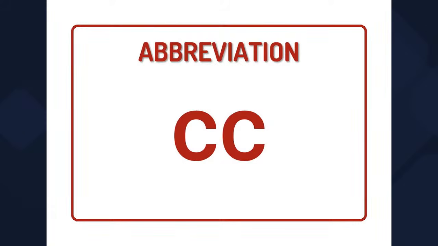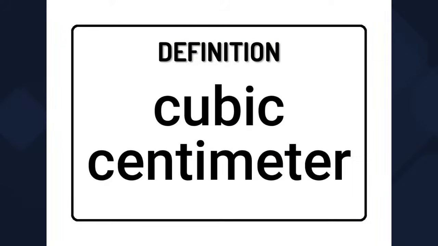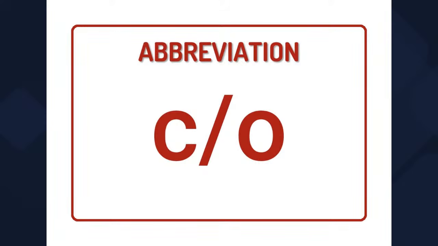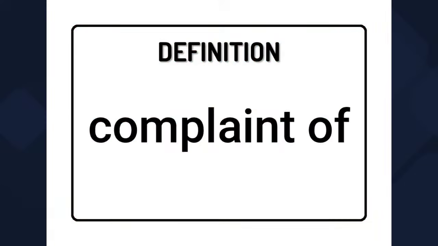CC refers to liquids. So if a person voided 400 cc's, the real term is cubic centimeters. So it's how many cc's, how much fluid came out of their body. C/O, complaint of.